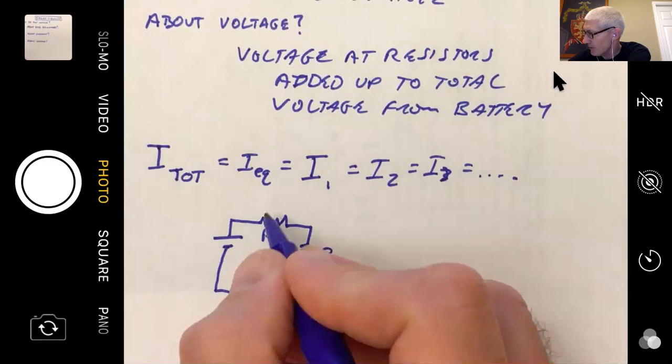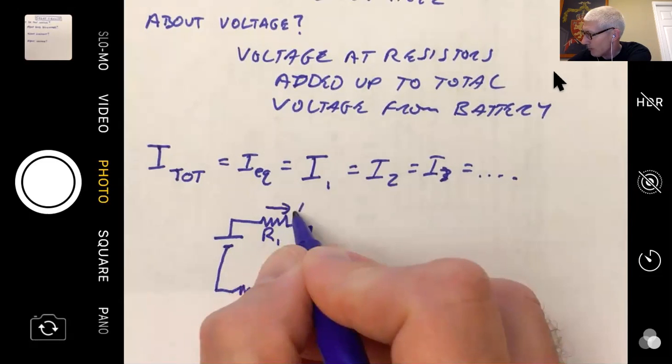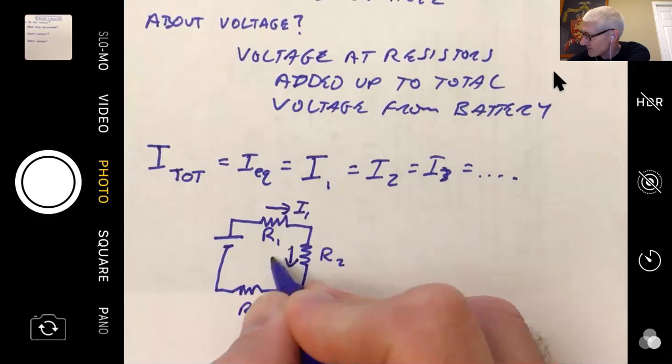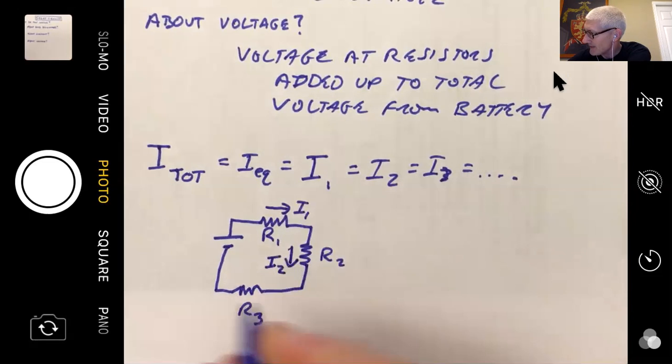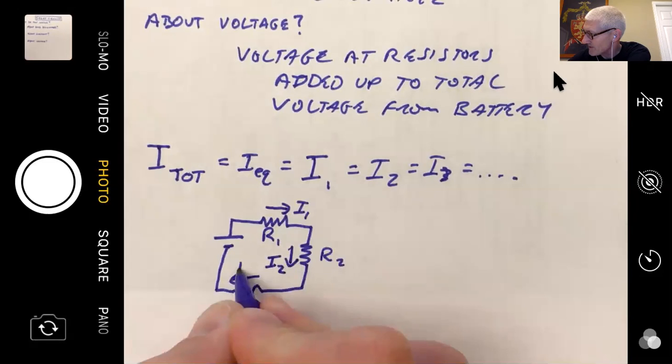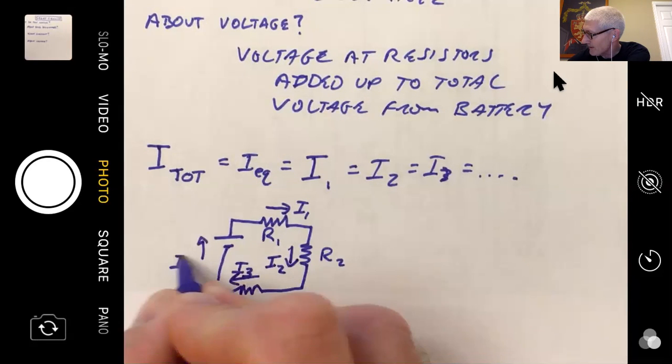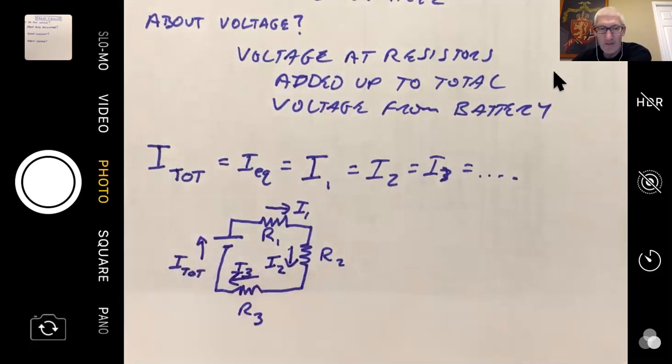The current going through resistor 1, I1, is exactly the same as the current through resistor 2, is exactly the same as the current through resistor 3, is exactly the same as the current through the total circuit. So in a series circuit, current is the same everywhere.